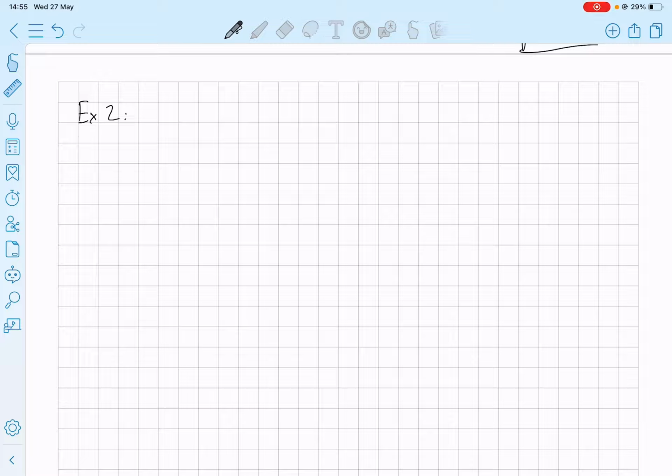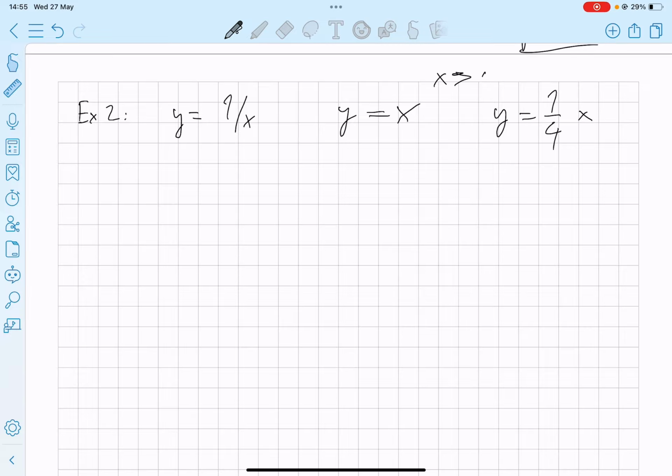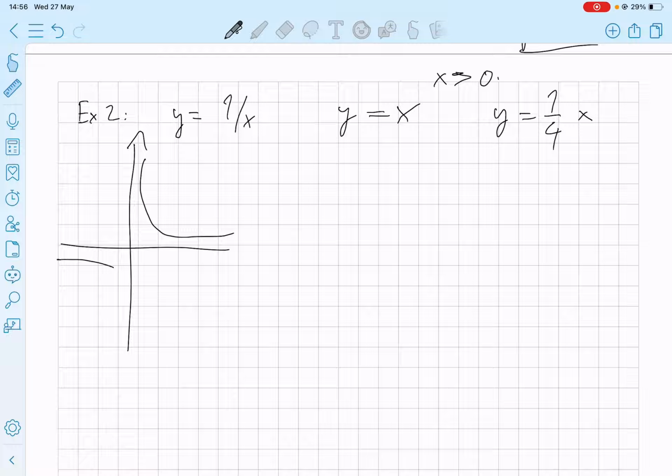Find the area enclosed by y equal to 1 over x, y equal to x, and y equal to 1/4 x, for x greater than 0. So now let's graph it. For y equals 1 over x, you will see that the graph looks something like this. It will have two curves, one in the first quadrant and the next one in the third quadrant.